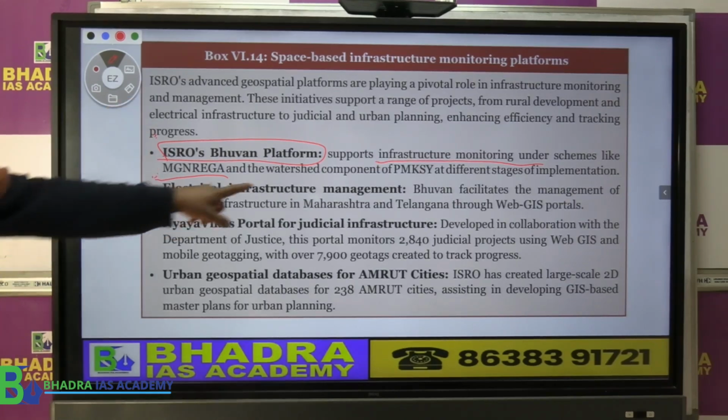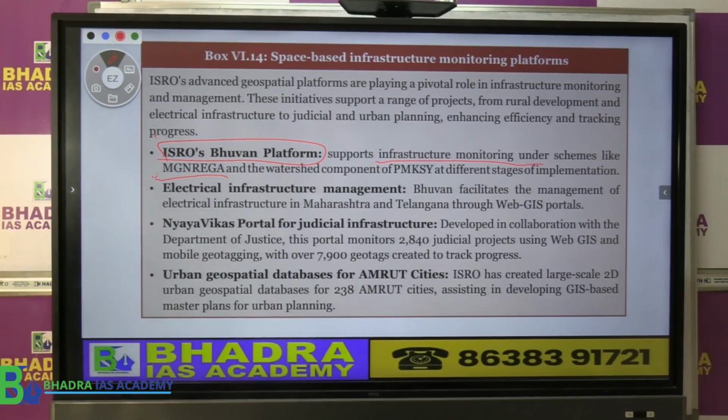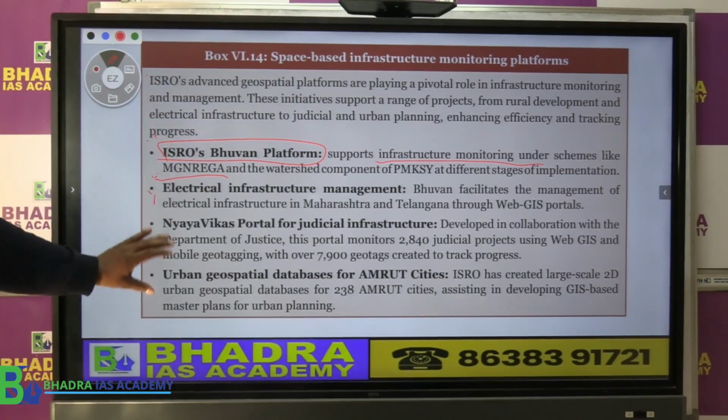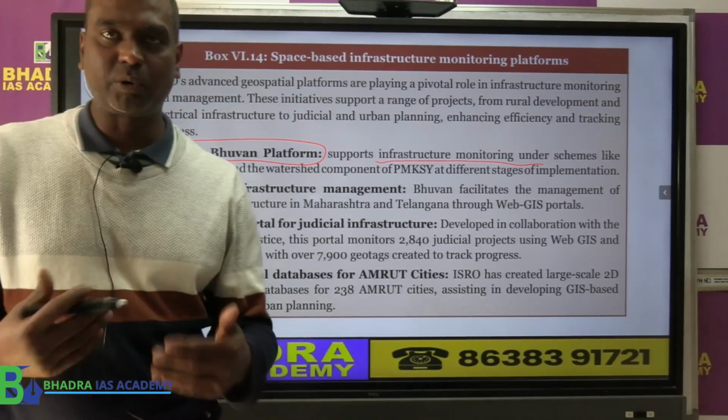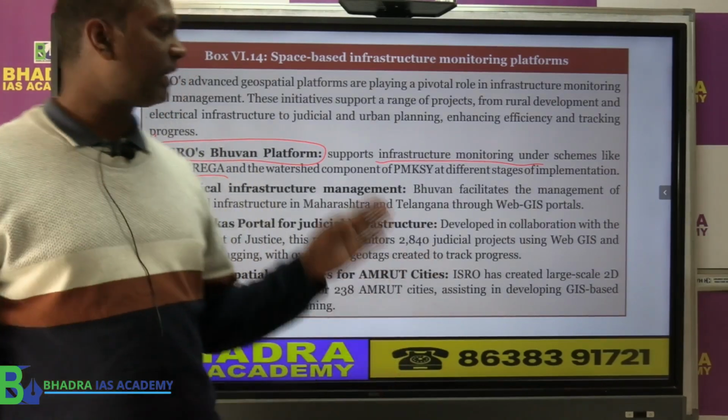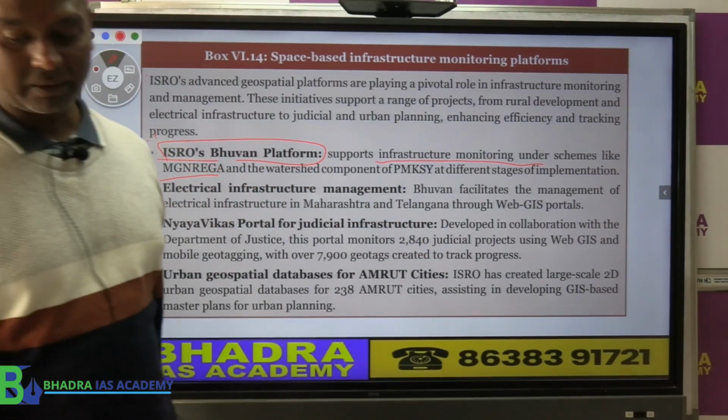Electrical infrastructure management has also been supervised here. So the government has given a little highlight to ISRO's space projects, like how different projects and schemes of the government are also monitored through the platform of ISRO Bhuvan.